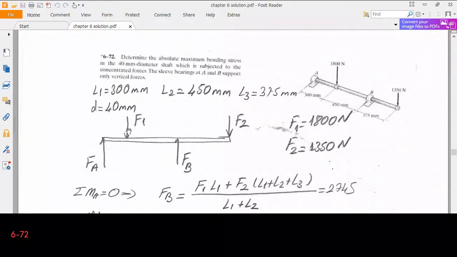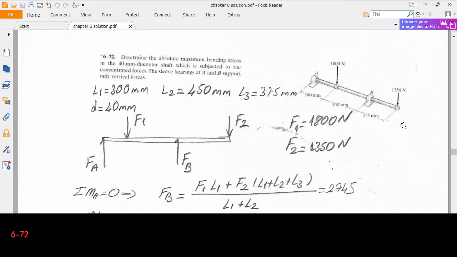So this is F1 multiplied by L1 and F2 multiplied by L1 plus L2 plus L3 divided by Fb multiplied by L1 plus L2, because moment generated by Fb has to be equal to the sum of the moments generated by F1 and F2. Therefore, from here I can calculate the Fb. In fact, I don't need to calculate the Fa.